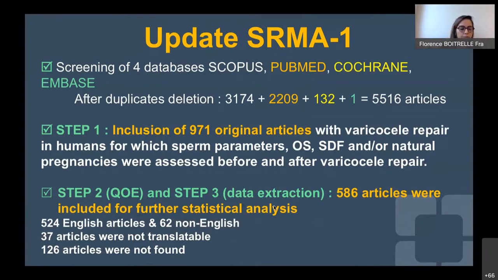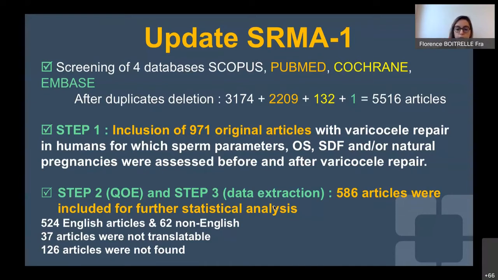After step 1, we included 971 original articles, so we included about 10% of our articles. And at the end of step 2 and step 3, because we are almost at the end, we had included 586 articles.